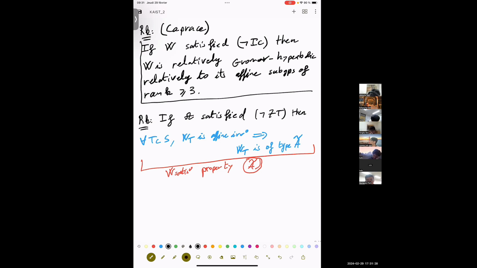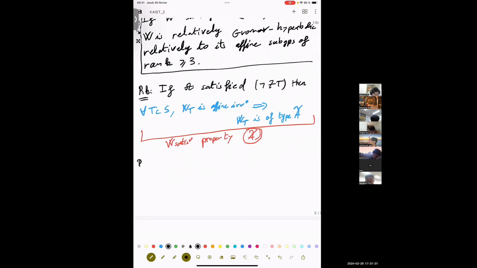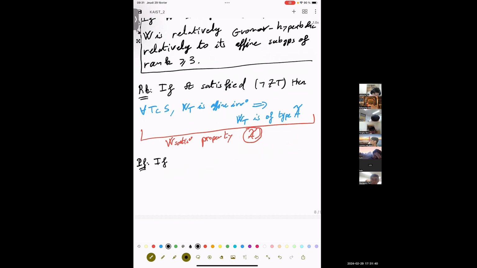And this came from this remark, the proof of the remark is that I will say it because we already said it last time. It came from the fact that if WT is affine, irreducible, and not of type A tilde, then AT must be of zero type. So it's a condition of compatibility with type.